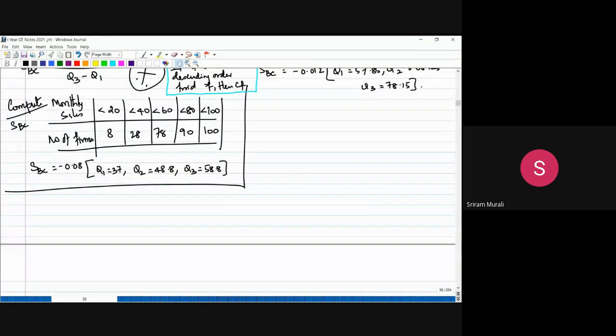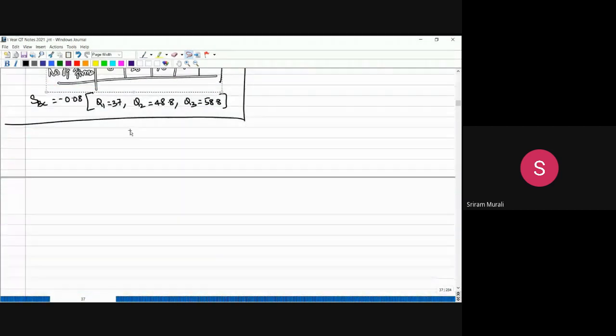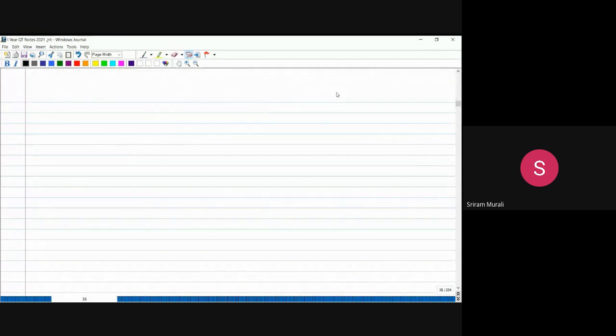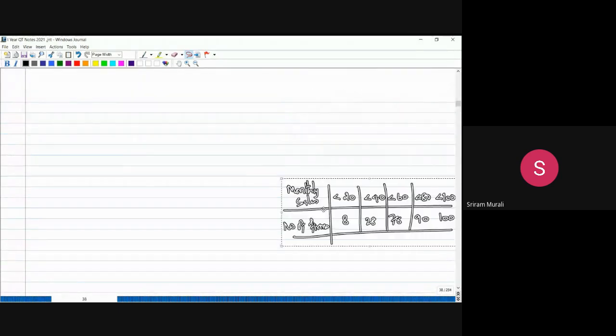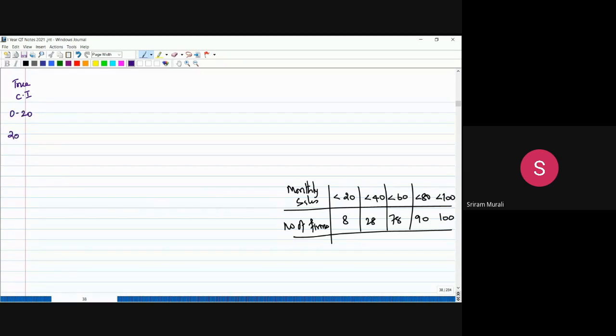So first I write down the question, what is given. So first we are given with the true class interval to be found. Next less than 20 na 0 to 20, 20 to 40, 40 to 60.